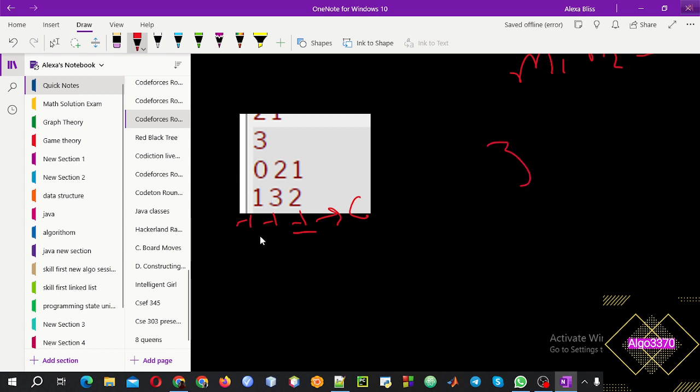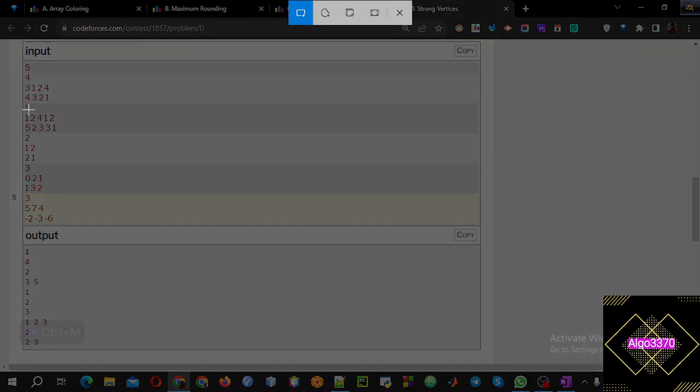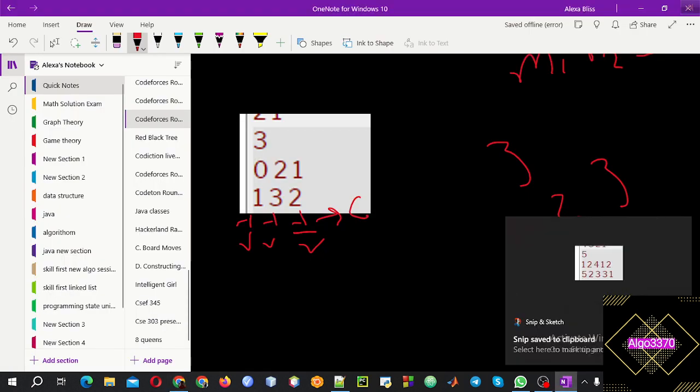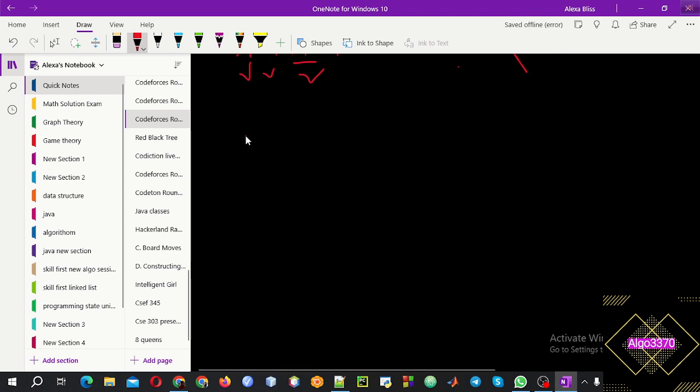What are the vertices? 1, 2, 3, and so on. Let's solve another example. That means 1 can connect with these vertices 2 and 3, 2 will connect with 3 and 1, and 3 will also connect with 1 and 3.